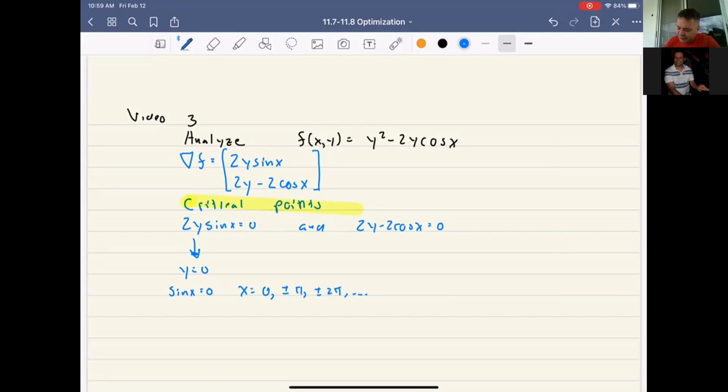Okay, let's take a look at this. There we go. This is going to be actually on the graph. This is going to be when y equals cosine of x, right? Let's draw that as a graph.